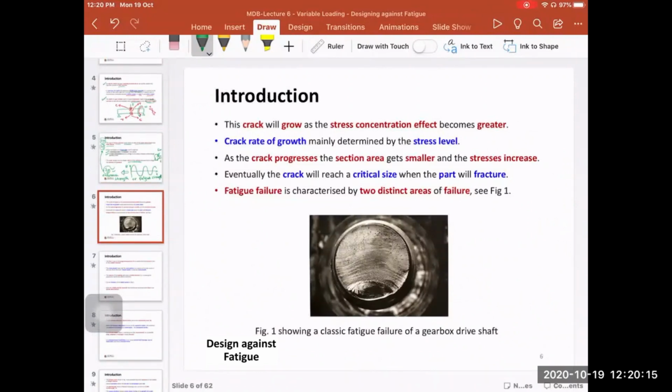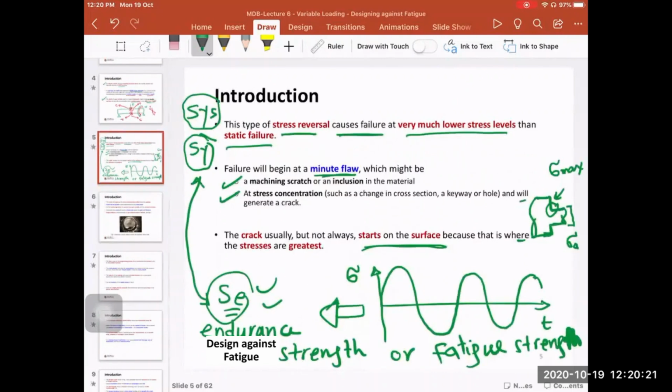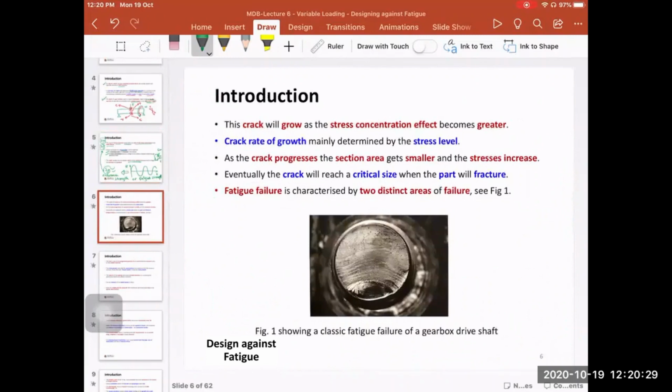So once we have this minute crack, under the application of the load, the load starts to fluctuate. Then what happens is that the crack is going to grow under the fluctuations of those loads. And also the stress concentration effect becomes greater in this case.